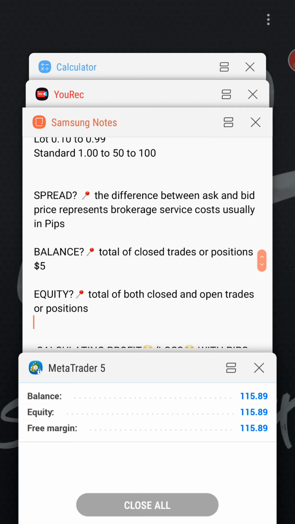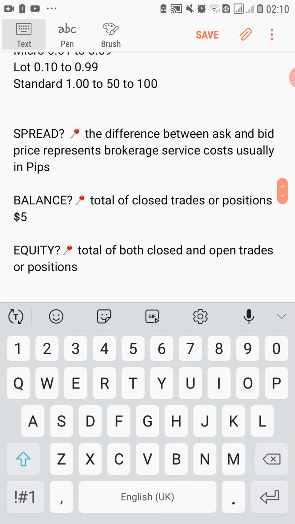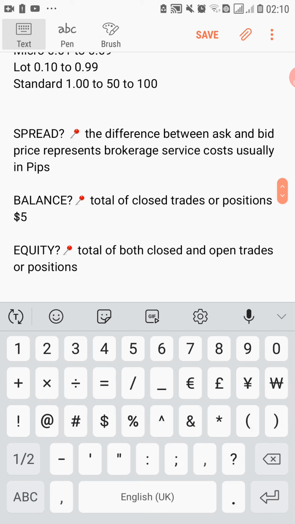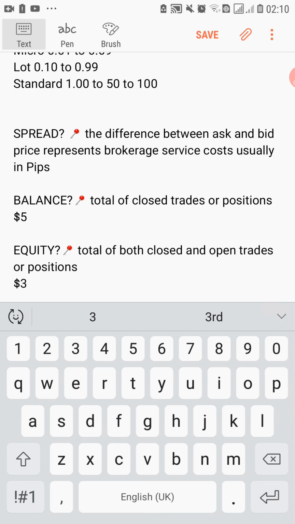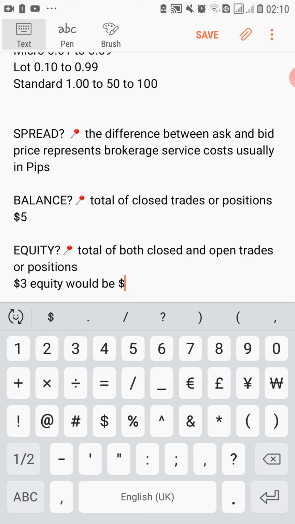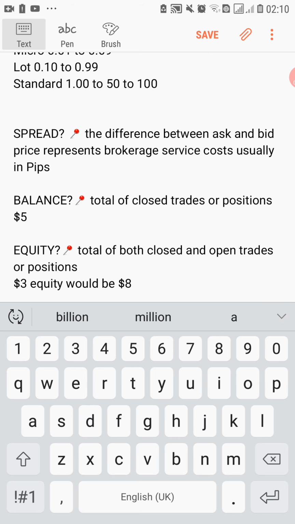But if we were to make a profit of $3, our equity in total would show 3 plus 5, our equity would be $8, but our balance would still remain at $5.